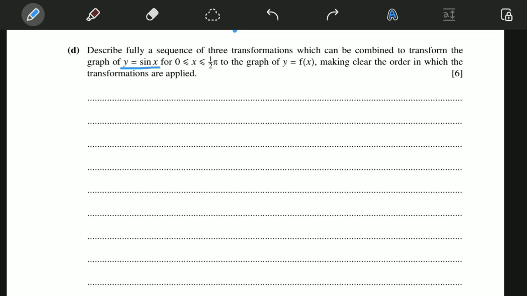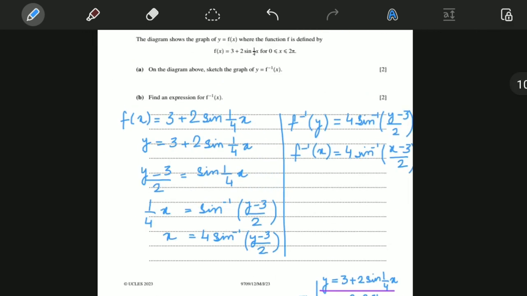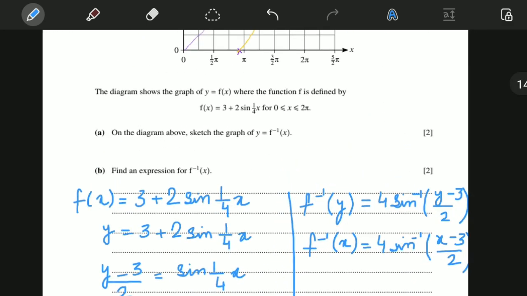So let's do this. First write f of x, and we know that f of x is given at the start of the question, that it is 3 plus 2 sine 1 by 4x.